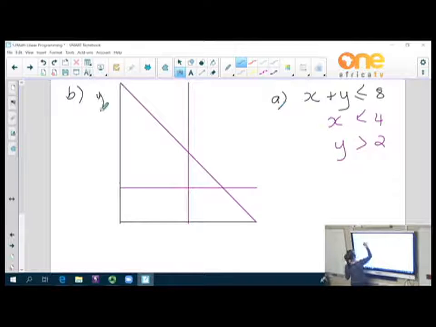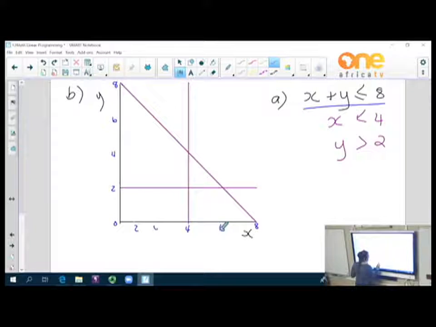I've got bitches on this side, dogs on this side. So let us look at our graph. x plus y is less than or equal to 8. So here is my 8. I've got 2, 4, 6, 8.